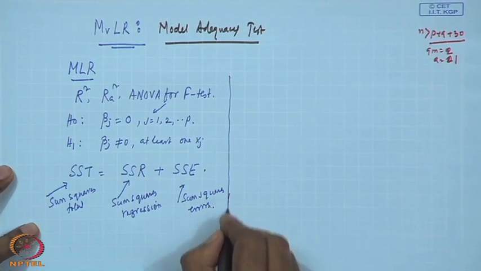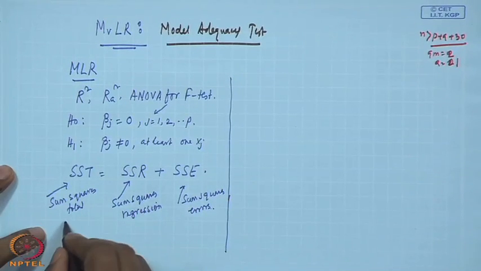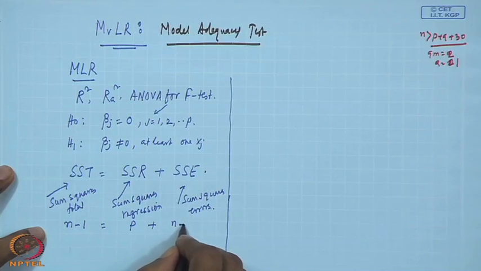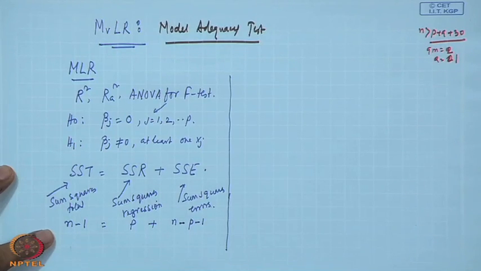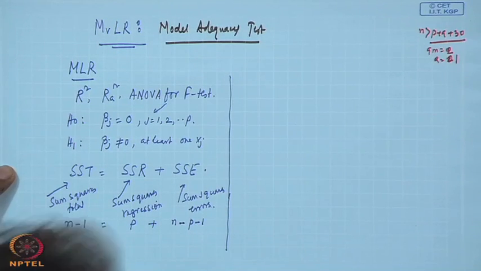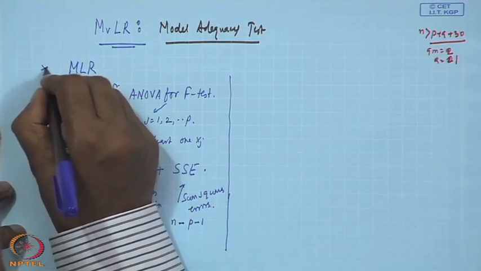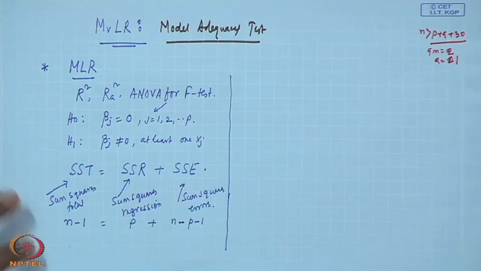The degrees of freedom were n minus 1, then p, plus n minus p minus 1. In addition to this, all of this is basically our model fitting.